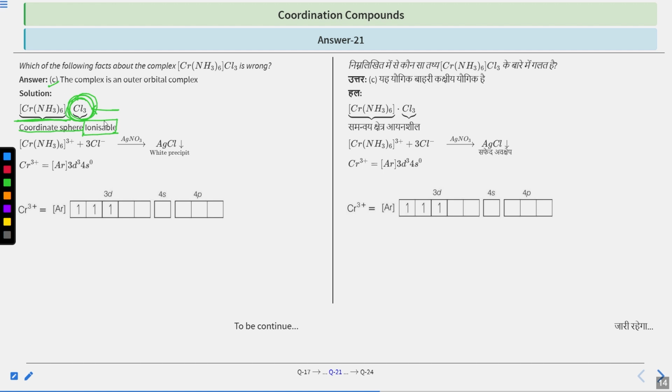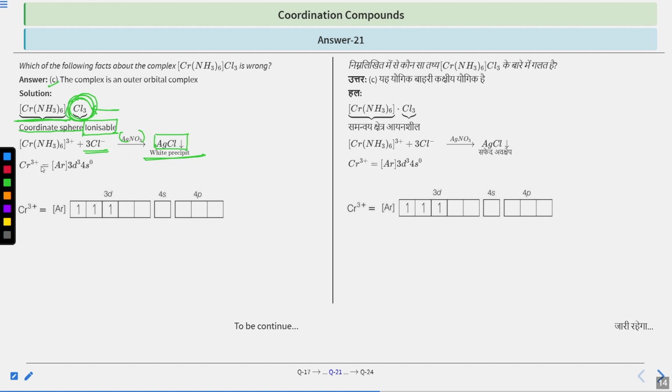But outside of that, whatever is present as an ion or cation can be ionizable. So the reaction will happen. So [Cr(NH3)6] 3 positive plus 3Cl negative reacts with AgNO3, silver nitrate, and gives white precipitate of AgCl.